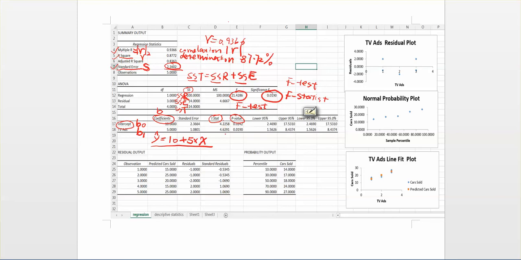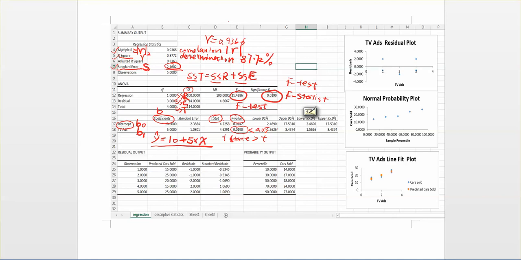We said if the t-statistic is larger than the critical value you look up from the t-table, we reject H0. Similarly, if the p-value is smaller than 0.05, we reject H0. So the t-stat and the p-value are the values you will use to do the significance test for the slope.